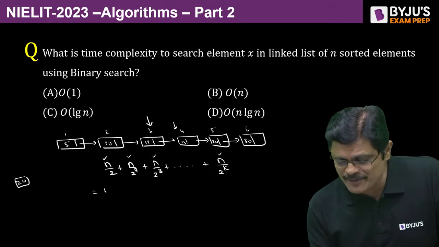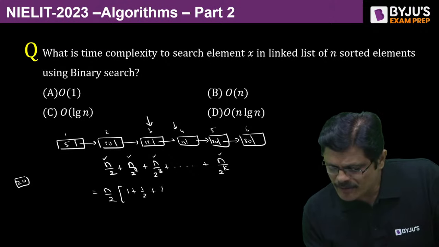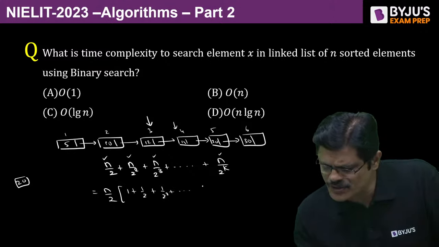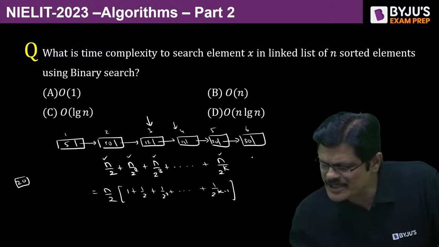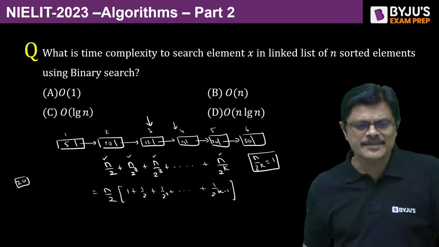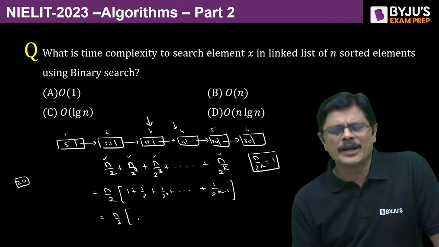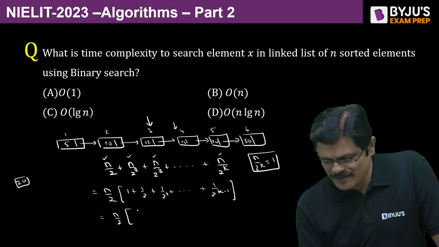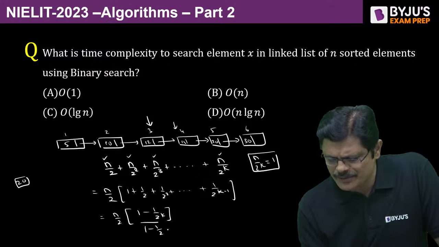So here, if you take n by 2 common, it is 1 plus 1 by 2, 1 by 2 square, and so on, up to 1 by 2 power k minus 1. Here I am assuming that n by 2 power k is equal to 1, my dear friends. What about this sum to k terms? It is 1 minus 1 by 2 power k, divided by 1 minus 1 by 2.